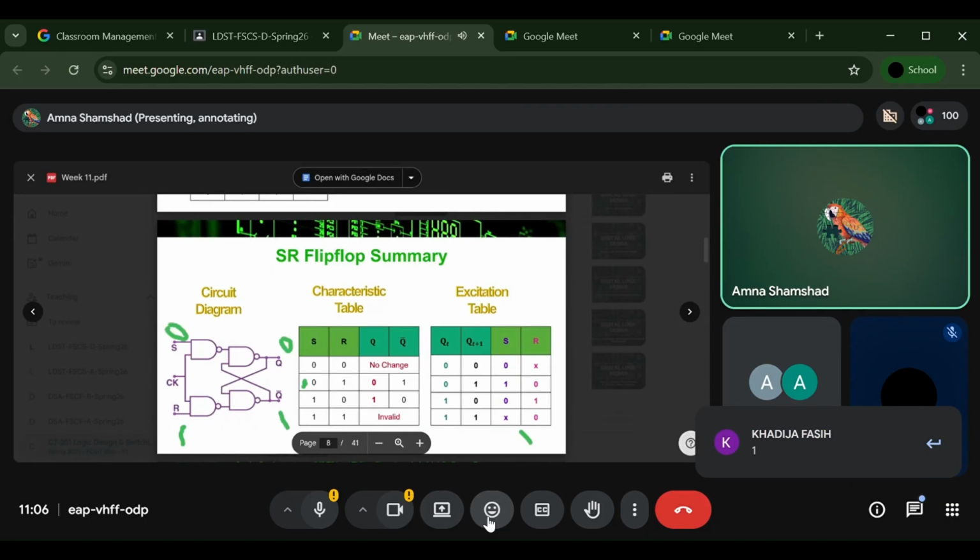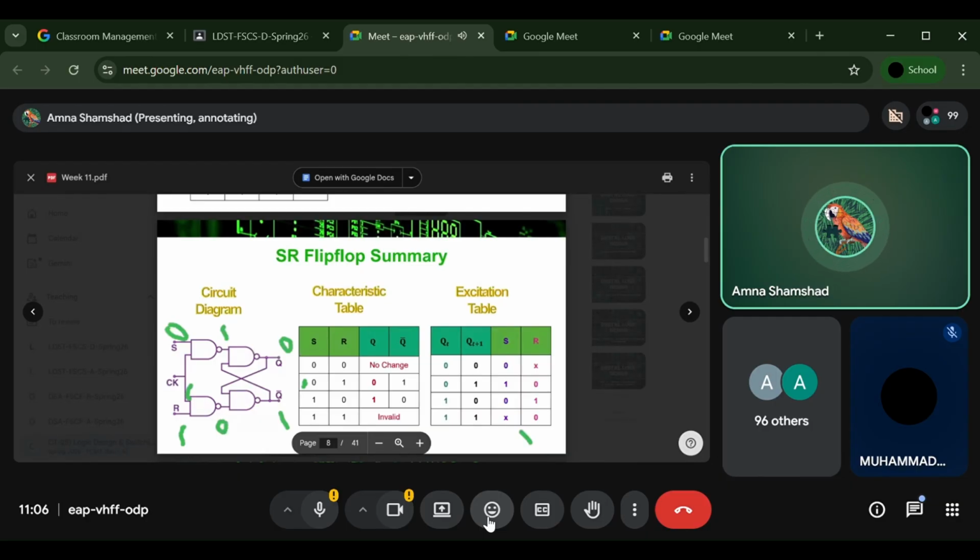So when this is 0, it will give you 1 at the output of this NAND gate. And for the second NAND gate, the inputs are 1 and 1, and this 1 1 will give you 0. This one means that I am applying a clock signal, on this one and this one. Class, is this clear to all of you?